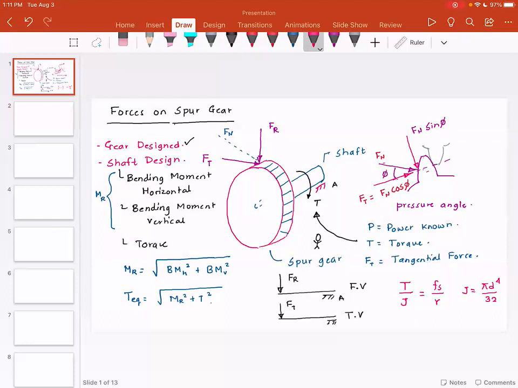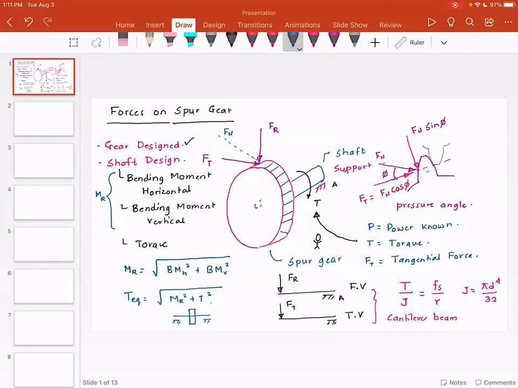There are some variations possible in this problem. The way we have drawn the gear over here, it only has one support. That's why this configuration is a cantilever beam. But an alternate case is that you could have a gear that is supported at both ends, and you have forces acting at the center span.